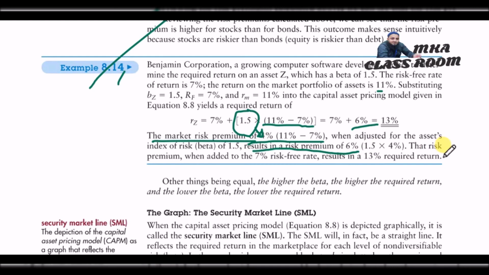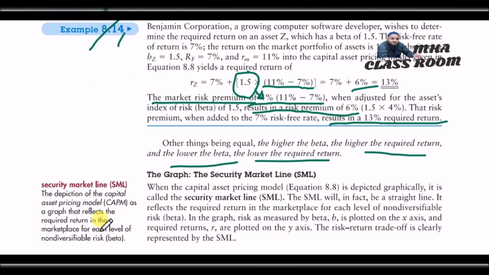When that risk premium is added to the 7% risk-free rate, the result is a 13% required rate of return. So if an investor takes asset G as an investment, then the investor will require a 13% rate of return. All else being equal, the higher the beta, the higher the required return, and the lower the beta, the lower the required return.